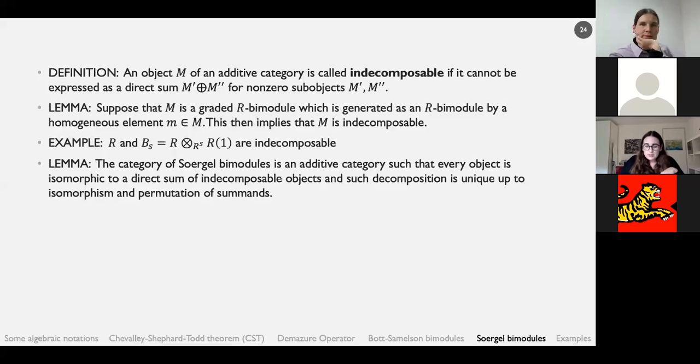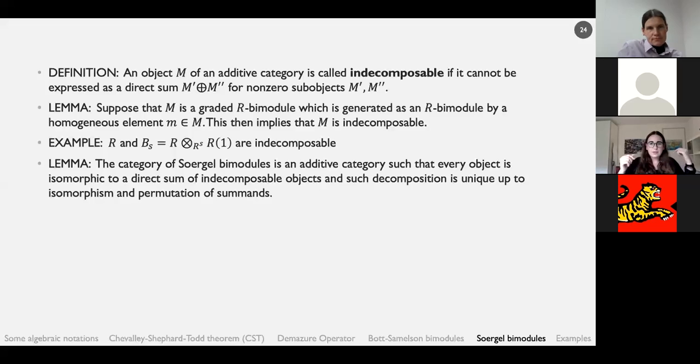If we now want to identify the simplest indecomposable Soergel bimodules, we can apply the following lemma. Suppose that M is a graded R module which is generated as an R module by a homogeneous element. This then implies that M is indecomposable.